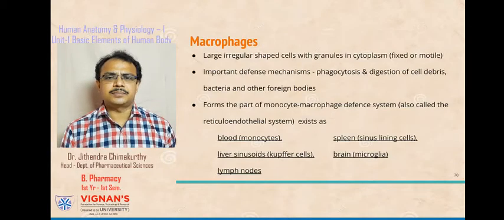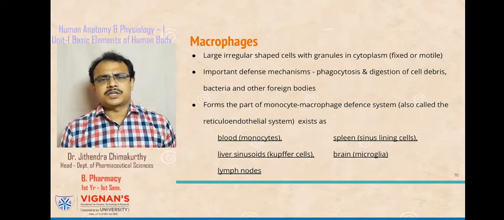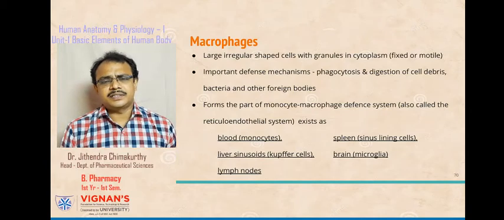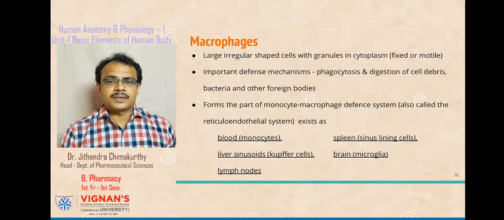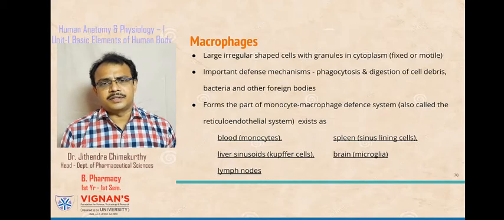Now let's see about the other type of connective tissue cells, which are called macrophages. Macrophages are large irregular shaped cells, and these cells consist of granules within their cytoplasm.